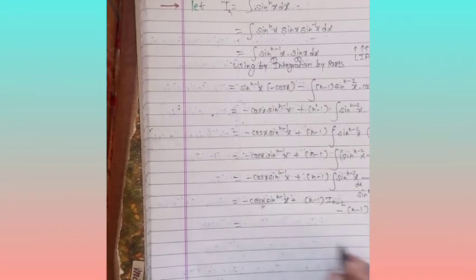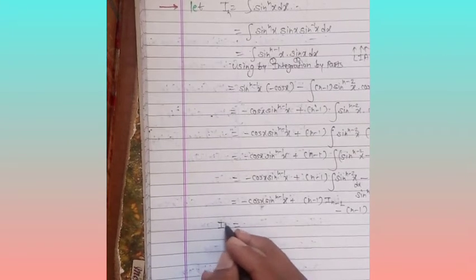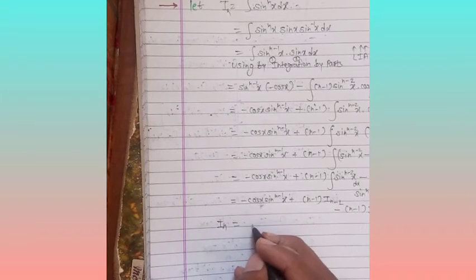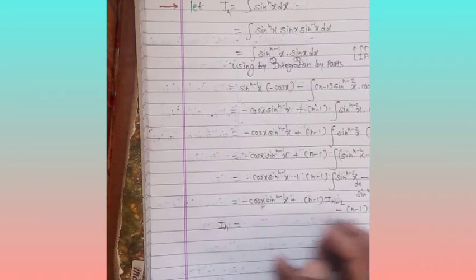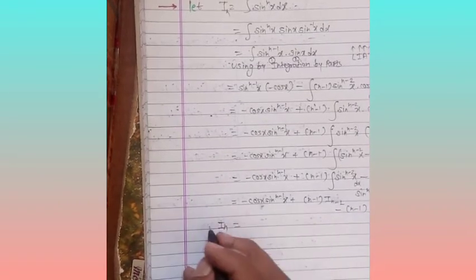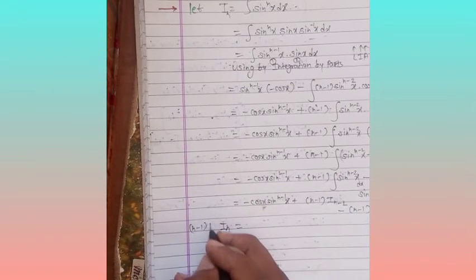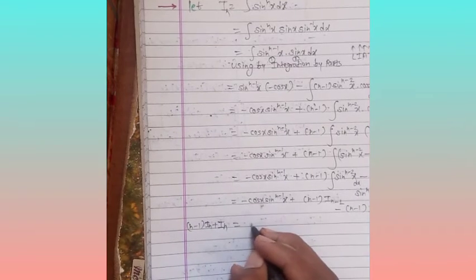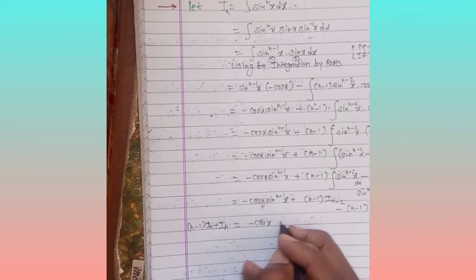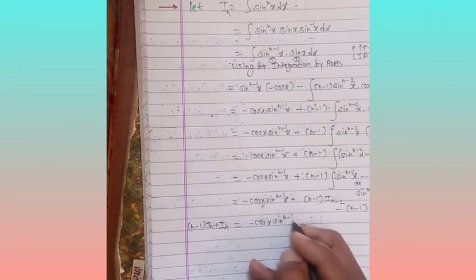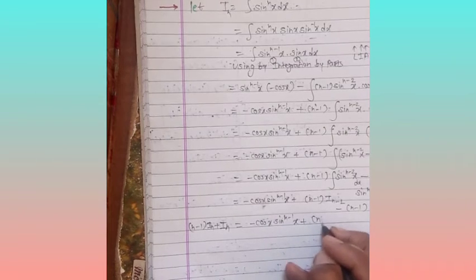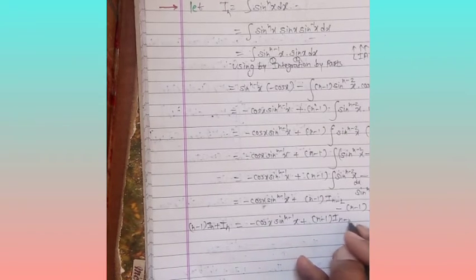So after this we'll take the I n term to one side, so this is minus, here it will become plus n minus 1 I n, plus this is as it is minus cos x sin raised to n minus 1 x plus n minus 1 I n minus 2.